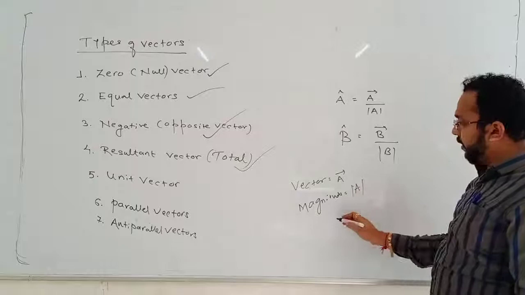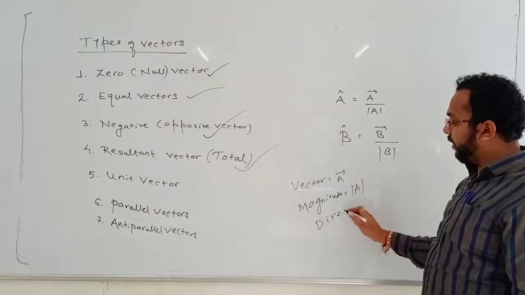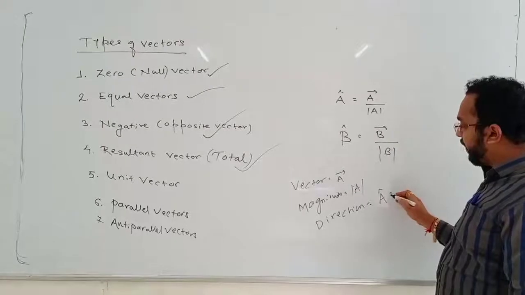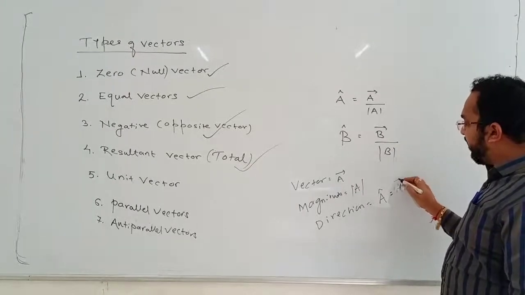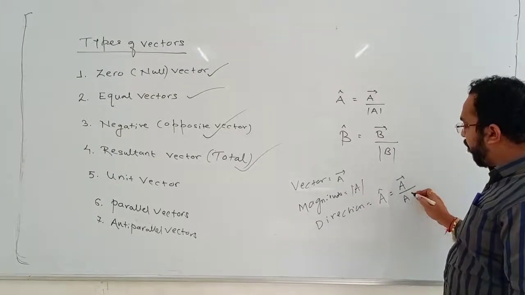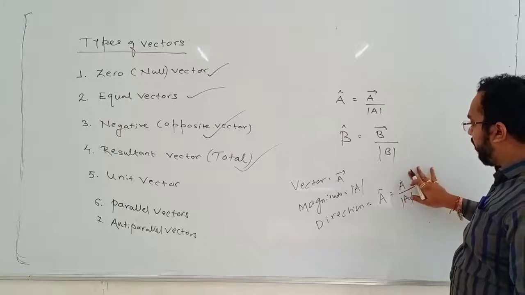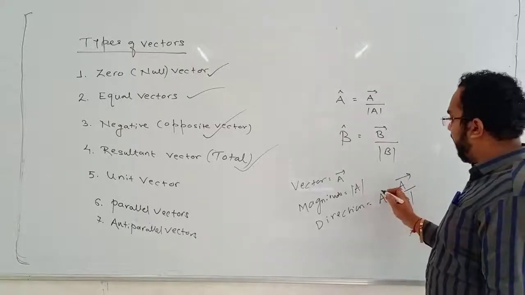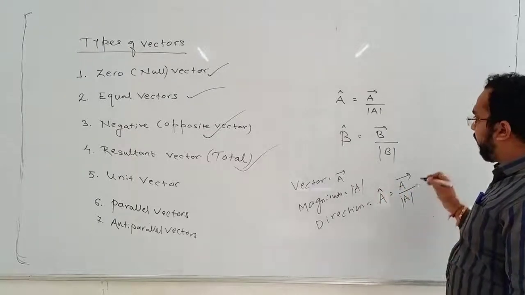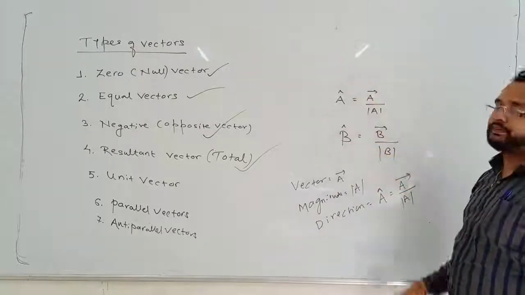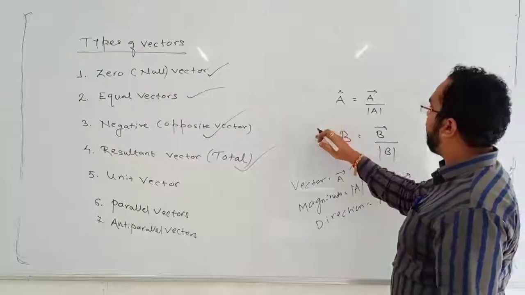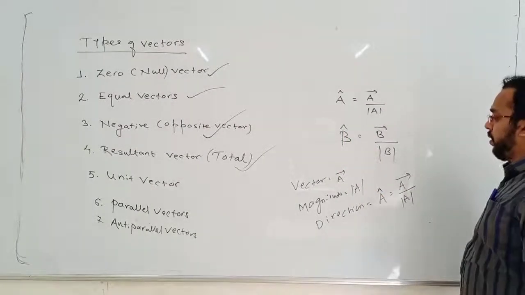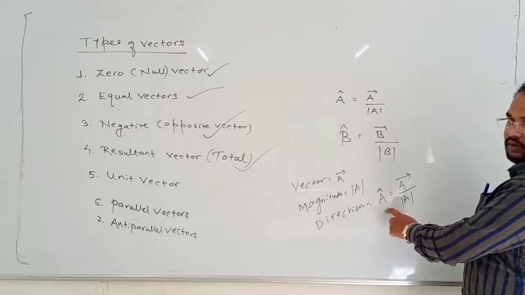Mod of A. Then direction, that is A cap, which is nothing but A bar upon A bar mod. A cap, अशी cap. ठीक है? Right, cap here. So this is the symbol of direction.